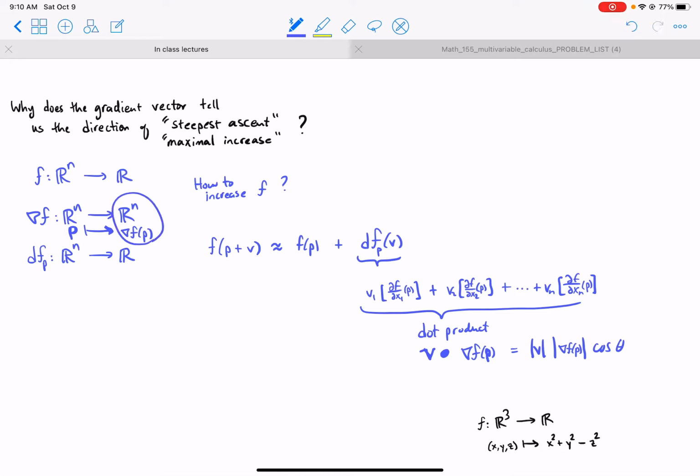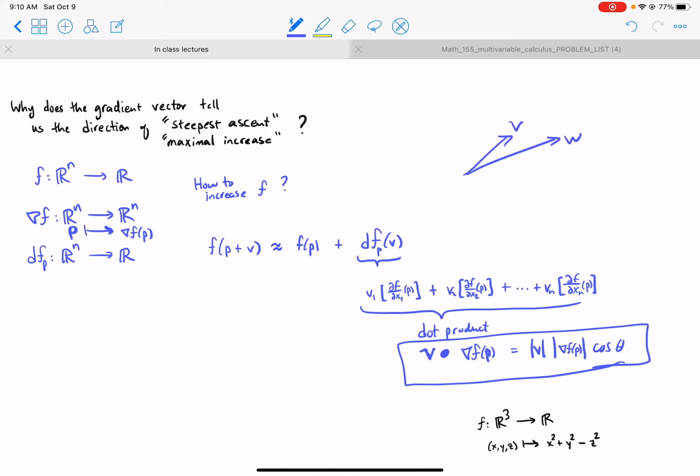So then we get a vector, and that vector has a length, and we can interpret the dot product in this sense. Remember, when you have two vectors roughly pointing in the same direction, the dot product will be positive. And it'll be the most positive when the angle theta is 0. When the angle is 0, then v and w are pointing in exactly the same direction.